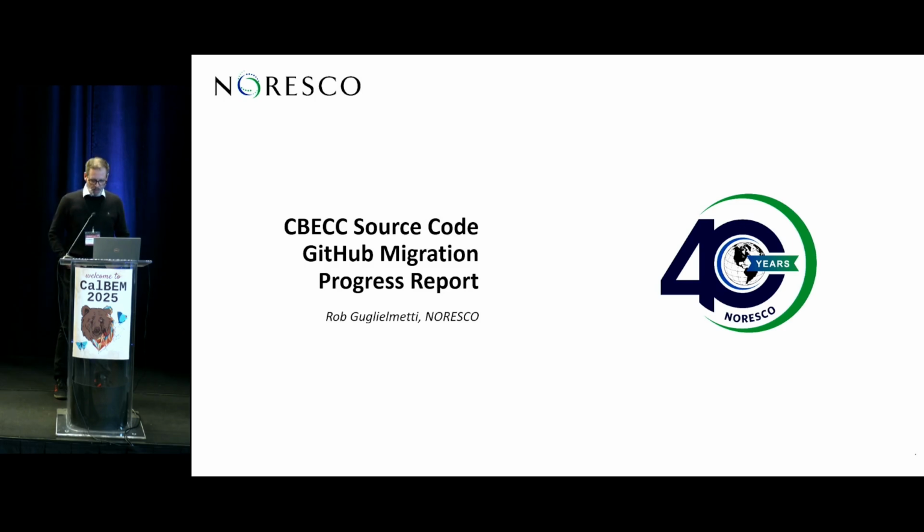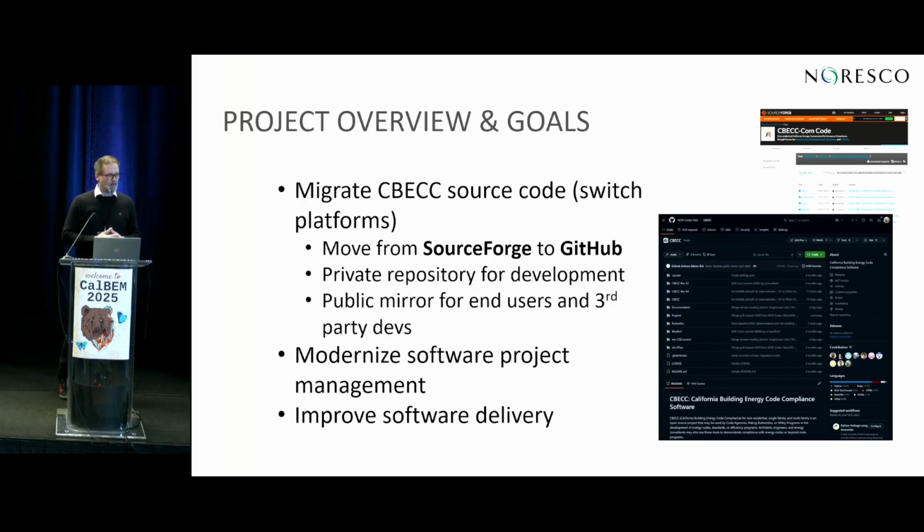Basically what we've been doing and what we're nearly complete with doing is migrating the source code for CBECC from an older source code management versioning system known as SVN, which is hosted on an old website called SourceForge, to Git and GitHub. And so I just want to talk really quick about the goals for this project, the current status of the project, and kind of like future to-dos.